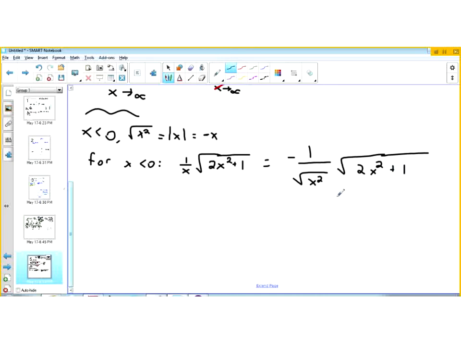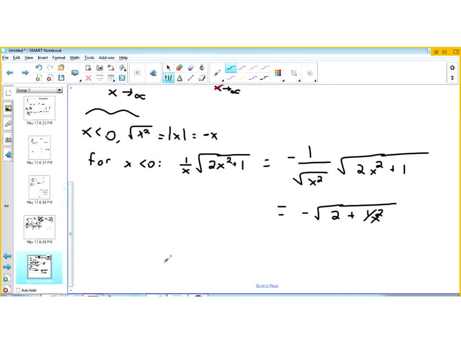And that is simply equal to the negative of the square root of 2 plus 1 over x squared. All right, so that's how we transform the numerator of the rational function. And we'll do the same: we'll divide the denominator of that rational function by x as well.